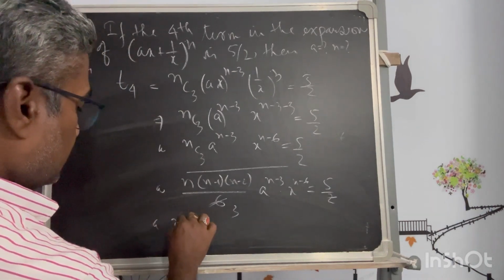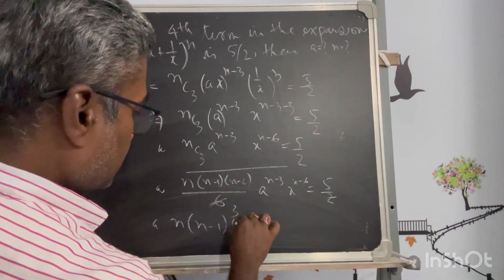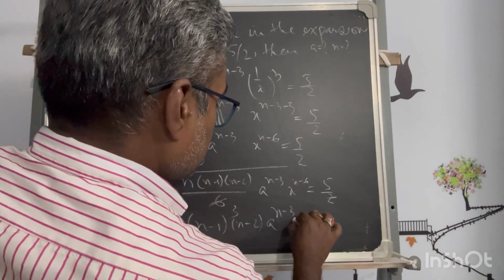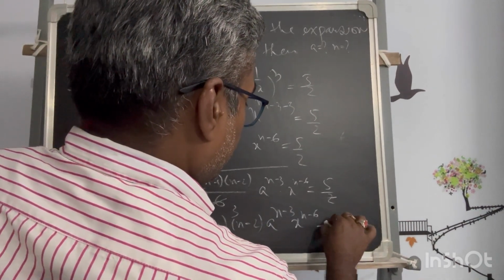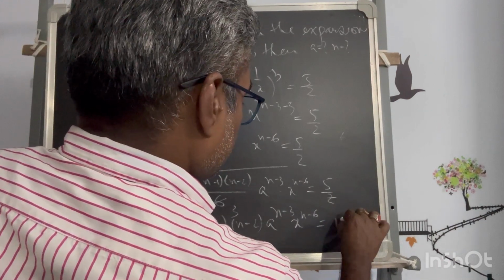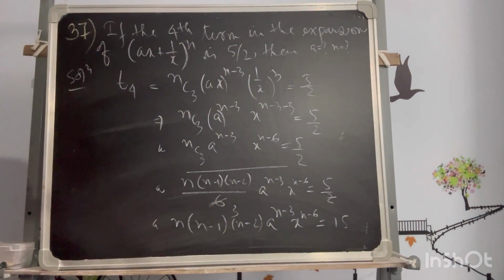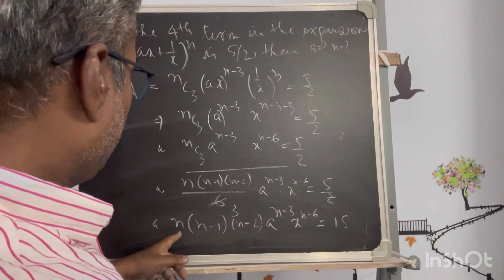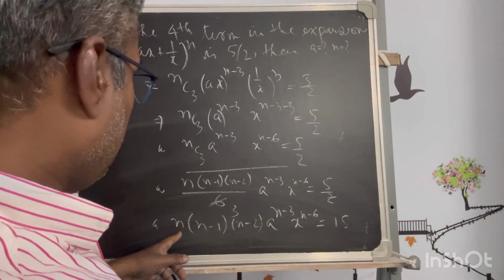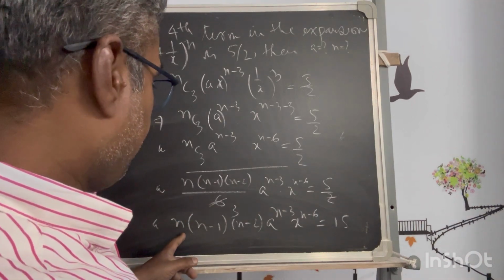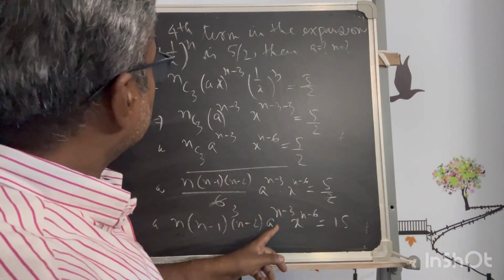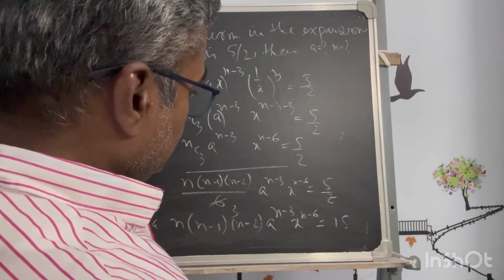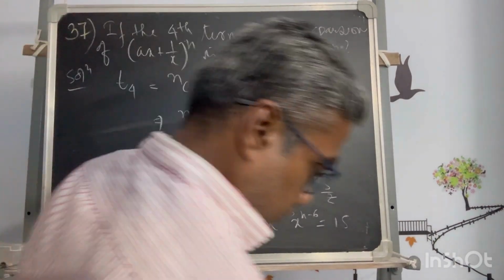So ultimately I want to get if any such information is possible, this is 15. The fourth term of it is 5 by 2. So there is no option.